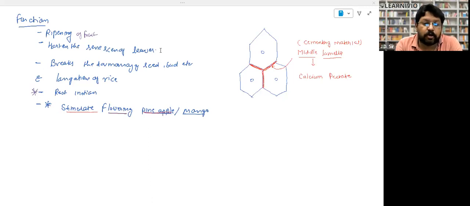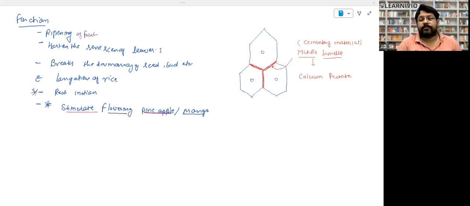It breaks dormancy of seed, bud, etc. Next, it is responsible for elongation of roots. It increases the root length. It is responsible for root initiation. That's why it is used in stem cutting, right? Like roses. Please note it down. This question I've been asked.